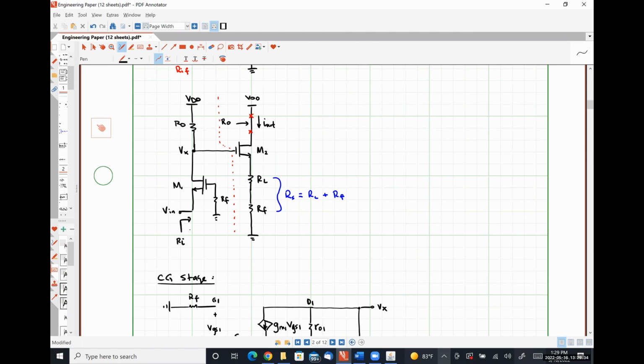Because if I don't supply an input signal, I don't get an output signal for this voltage amplifier, that first stage. So I'm looking into the drain with my gate terminal shorted, and then I have some resistance looking down.